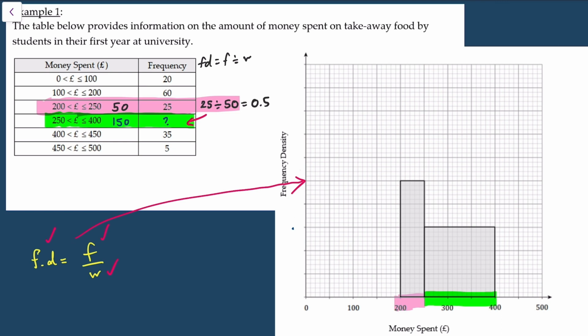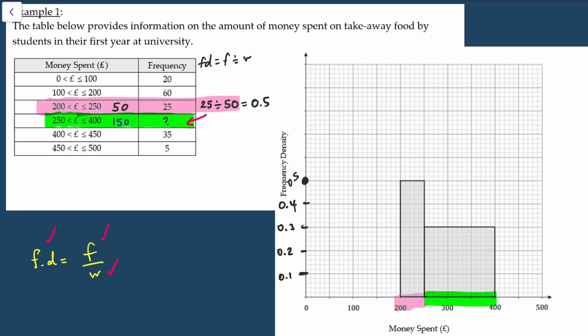So this bar, 200 to 250, has a height of 0.5. And so therefore, we can now work out the scale. If that's 0.5, then it makes sense: 0.1, 0.2, 0.3, 0.4, 0.5.